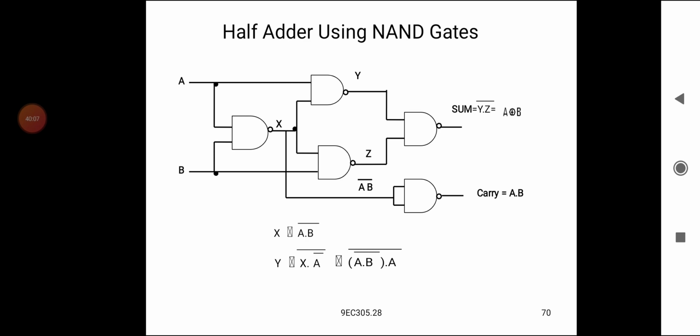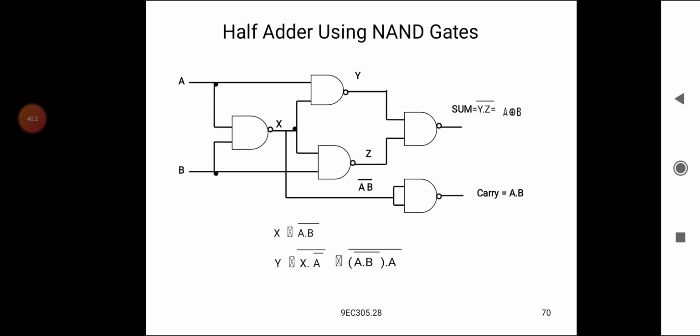Half adder using NAND gates. Using only NAND gates, you require 5 NAND gates: 4 NAND gates for the exclusive OR operation and 1 NAND gate for the A dot B carry operation.